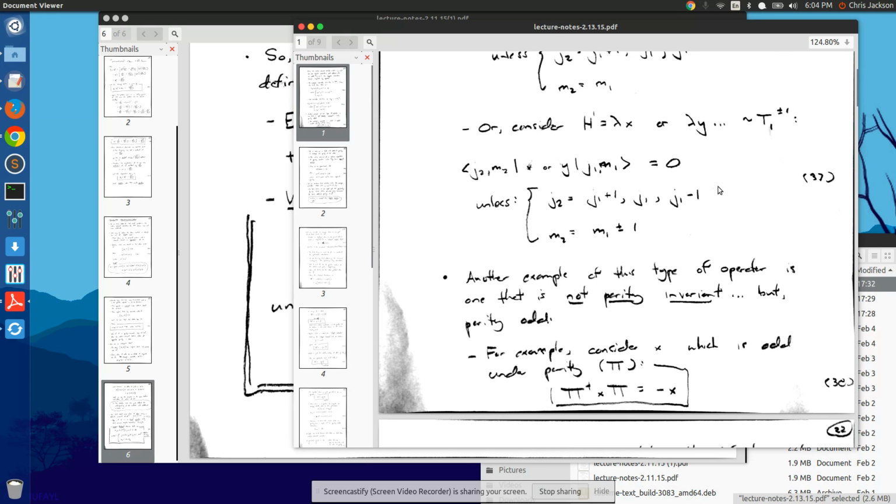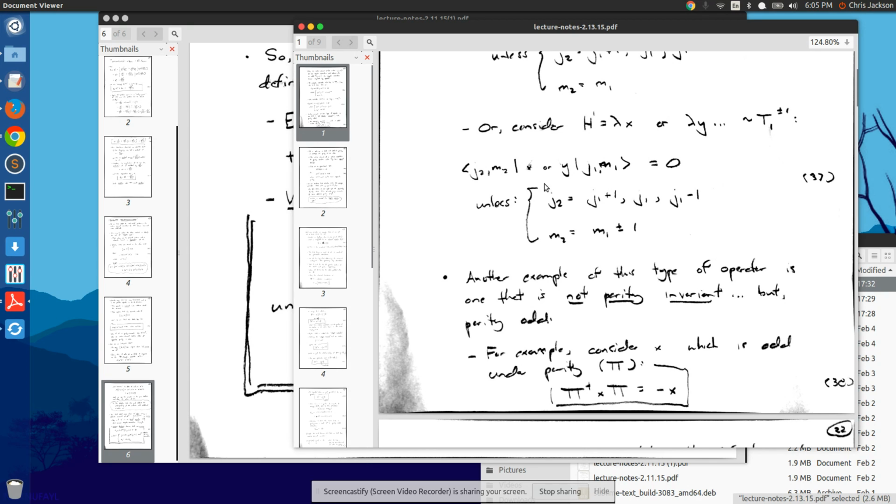Or we could do slightly more complicated cases where the Hamiltonian goes like either X or Y. In that case, this is going to be some linear combination of these T1 plus or minus 1s. These are a lot like the spherical harmonics. Spherical harmonics are wave functions, and these are operators, but the notation is basically the same.